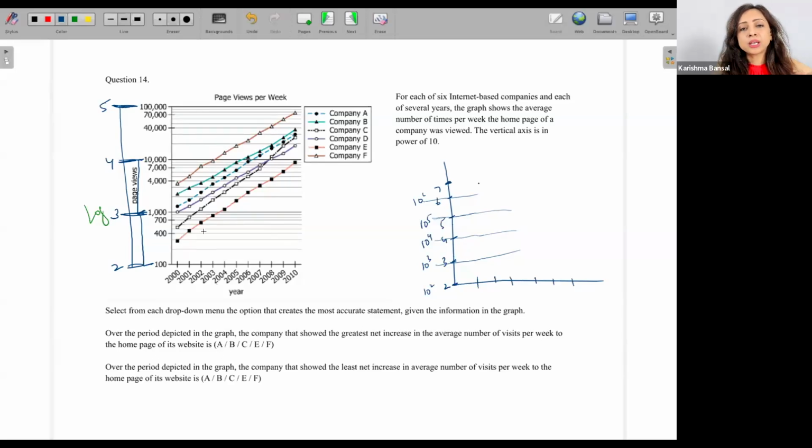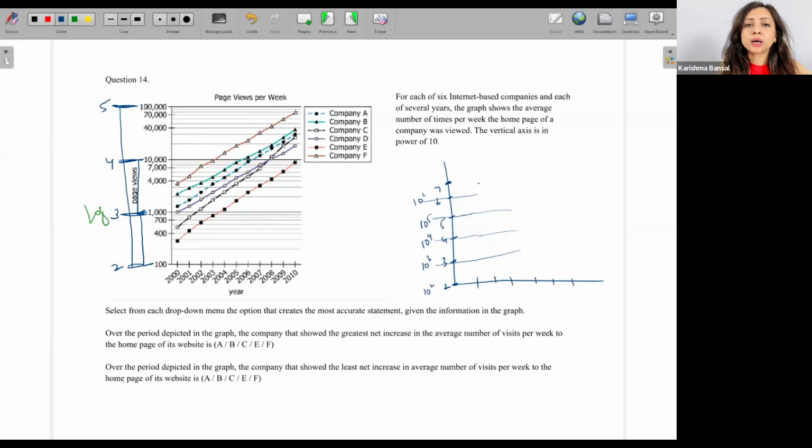When I look at all these lines, they seem very similar. The slopes are very similar, starting from here and ending here, kind of very similar lines. But I know this is a logarithmic scale, which means the higher up I go, the difference becomes substantial.